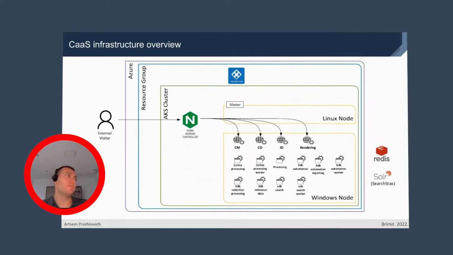Inside of Azure, we have a resource group, which is pretty common for each environment. Inside of the resource group, we create the cluster. Inside of the Kubernetes cluster, we always have the master node. We can understand a node as a kind of virtual machine.